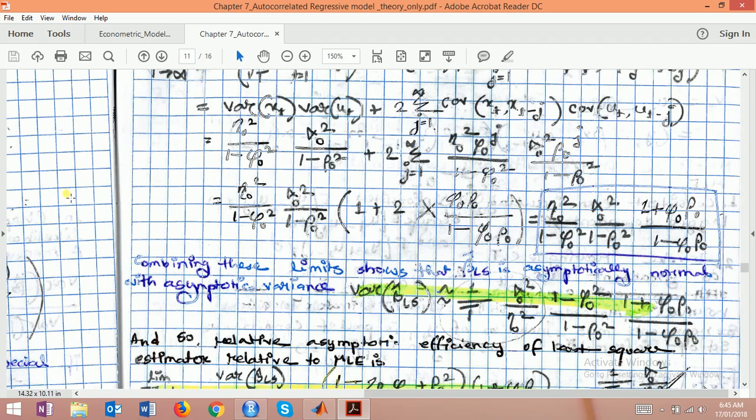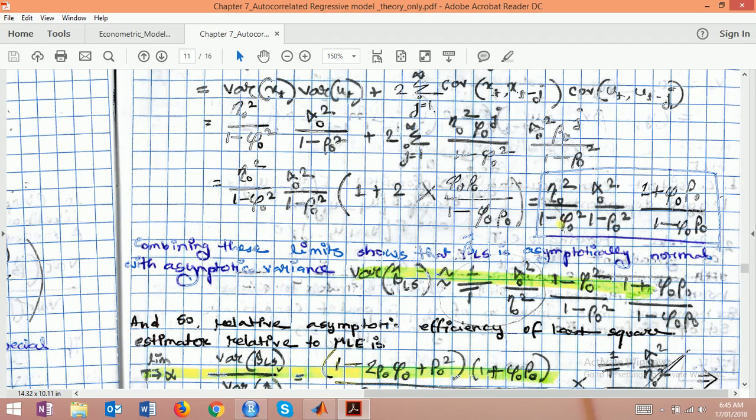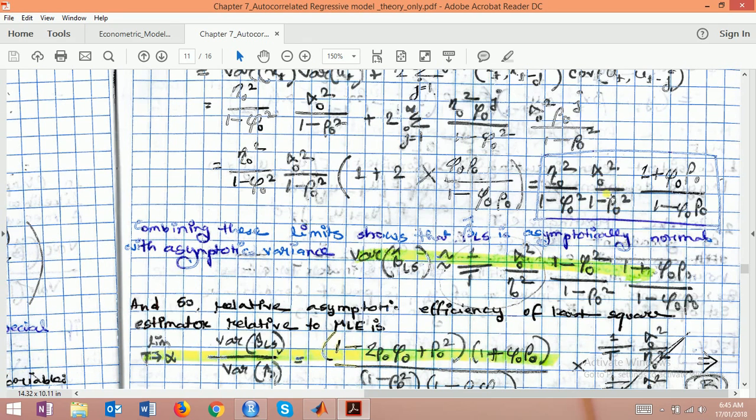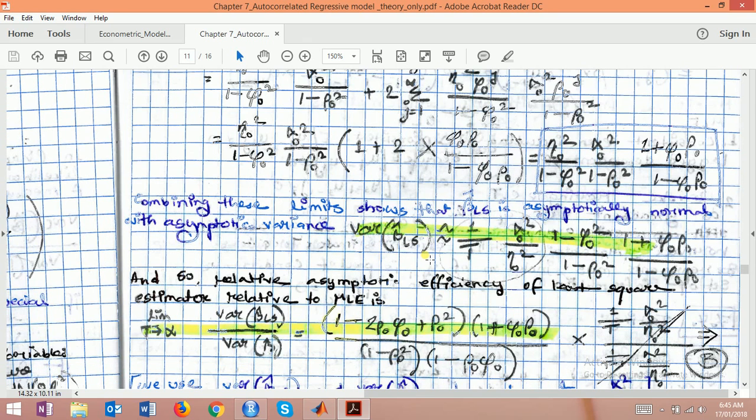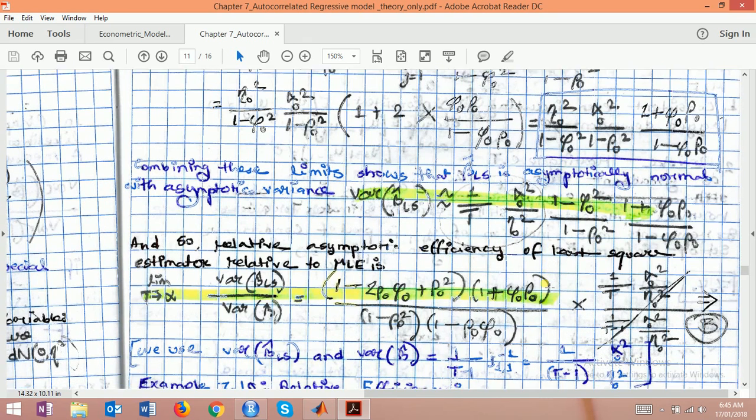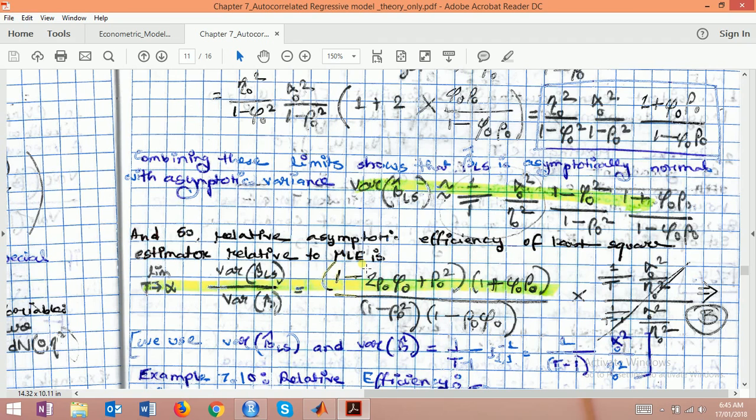So we take common, and we are left with 1 plus phi naught rho naught over 1 minus phi naught rho naught, times eta square over 1 minus rho square, and sigma square over 1 minus phi square. So asymptotically the variance becomes, with relative asymptotic efficiency, the asymptotic variance of beta hat least square.